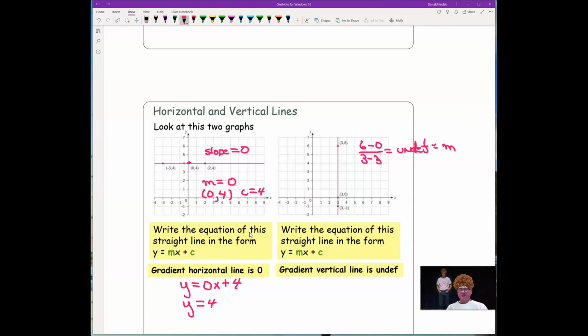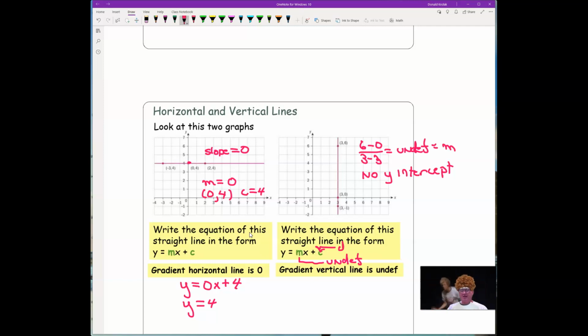And there is no y-intercept. You can't write 0 for the y-intercept; none exists. So when we're writing the equation for a vertical line, we can't put an m in because this is undefined, and we can't put a c in because that does not exist.